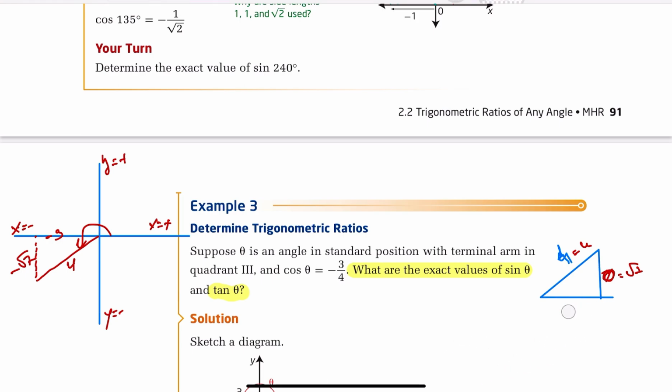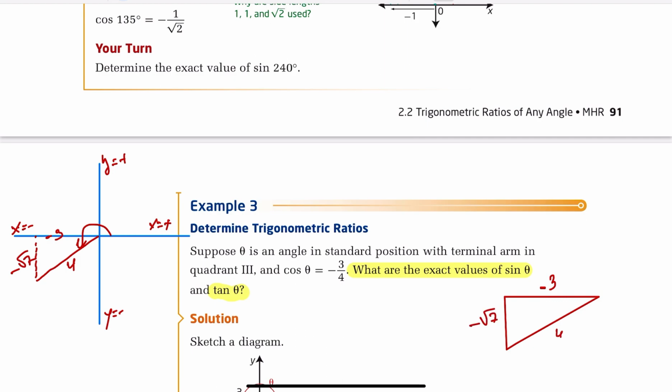So let's draw our real triangle so we won't be confused. So my triangle is like this. Okay, good. So this is minus 3, this is 4, this is minus square root of 7.